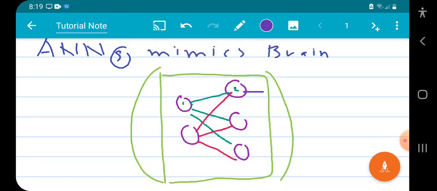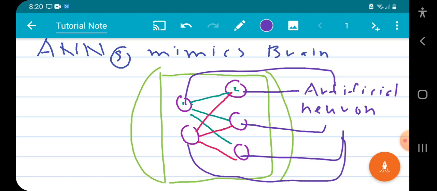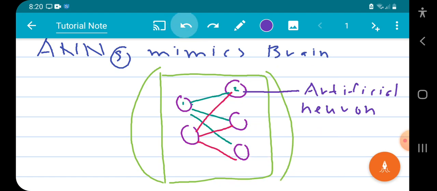Now this circle over here is called an artificial neuron. Let me just write it down. Artificial neuron. Each of these circles that you are looking at is called an artificial neuron. Now you can also see that these artificial neurons are connected using some lines.